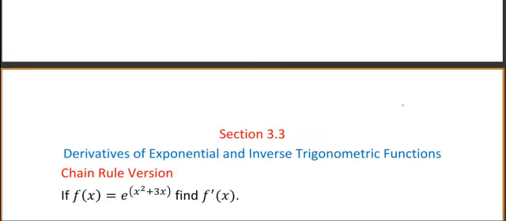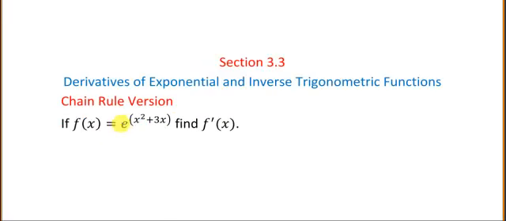Another example, if f of x is e raised to the x squared plus 3x, f prime of x will be equal to the derivative of the exponent, 2x plus 3, times e to the x squared plus 3x.